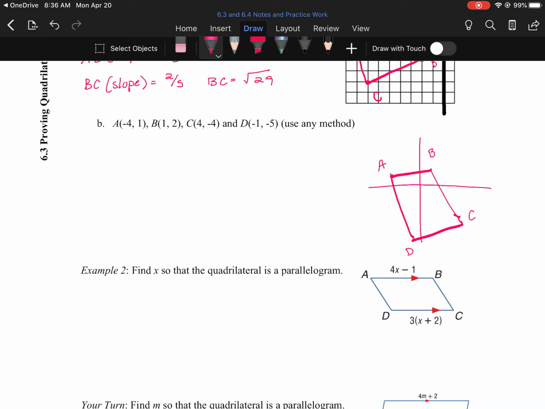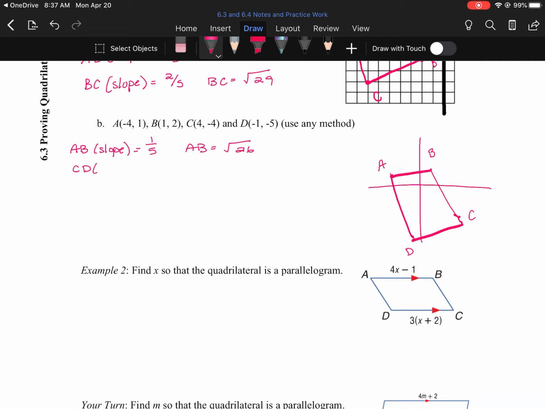So I'm going to do, again, you don't have to do all 4, but because I don't know what you guys did, I'm going to tell you all 8 answers. So I'm going to do the slope of each side and the distance for each side. If we do AB, the slope, you should have had 1/5, and the length of AB should be the square root of 26.